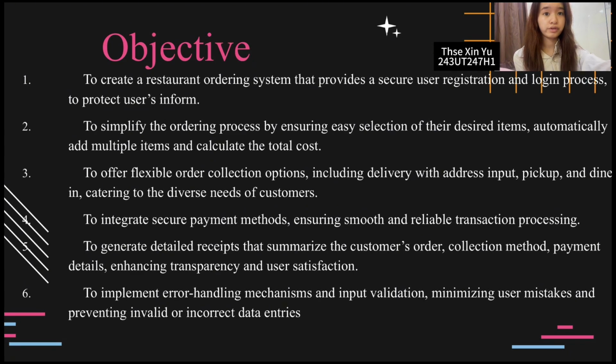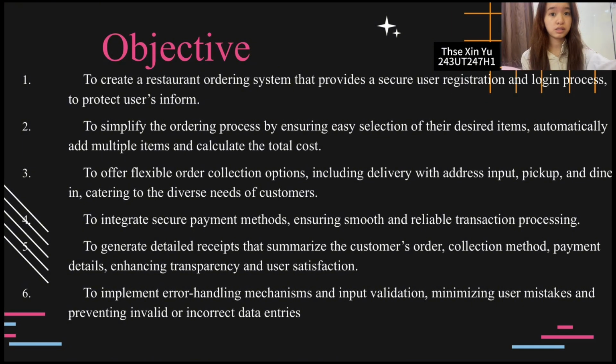We wish to create a restaurant ordering system that provides a secure user registration and login process to protect users' info. Also, we want to simplify the ordering process by ensuring easy selection of their desired items. And the third objective of our project is to offer flexible order collection options, including delivery with address input, pickup, and dine-in, catering to the diverse needs of customers.